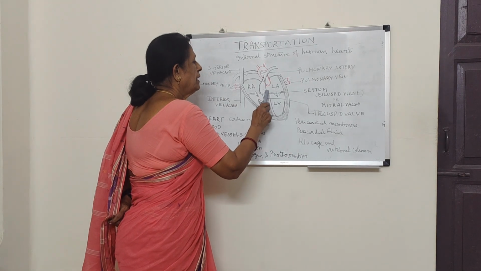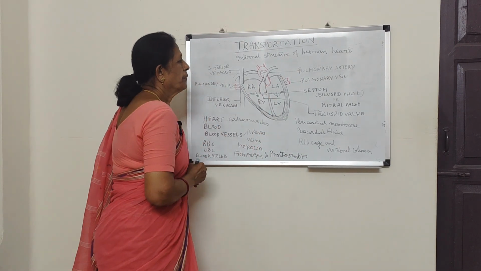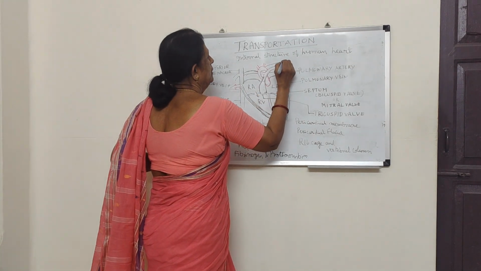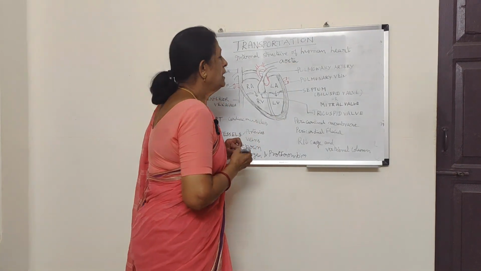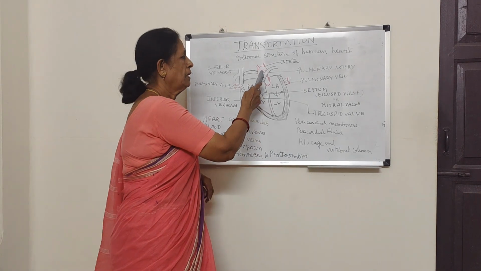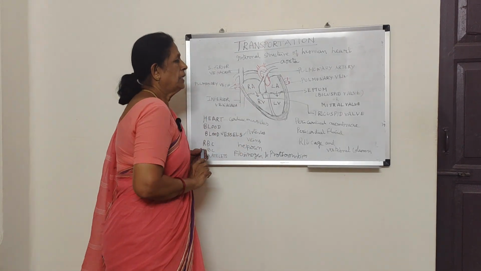From the left ventricle, the blood is collected by the aorta. This is the aorta, the largest artery, which supplies oxygenated blood to all parts of the body.